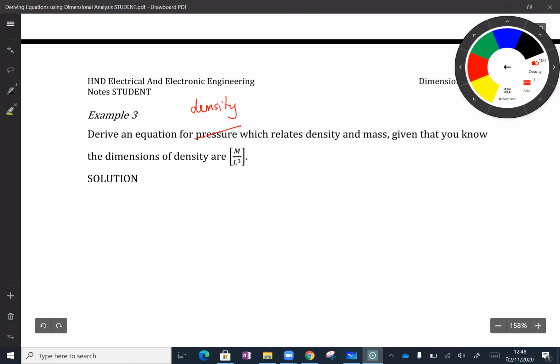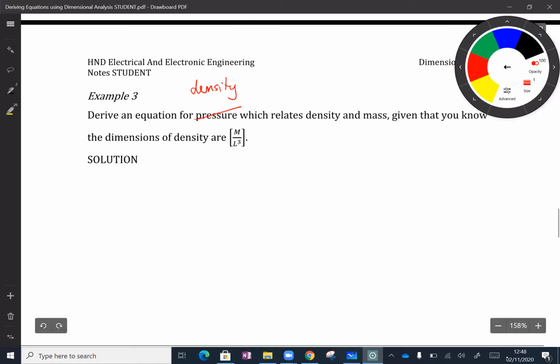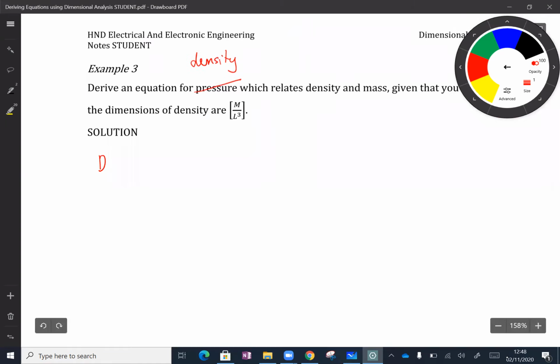I'll change that in your notes, apologies. We've got density equals mass times an unknown quantity, so we'll say Z. The dimensions of Z are the dimensions of density divided by mass.